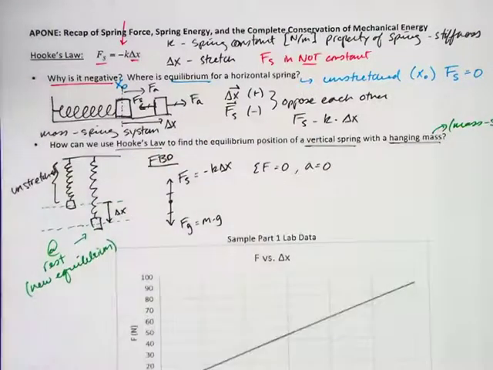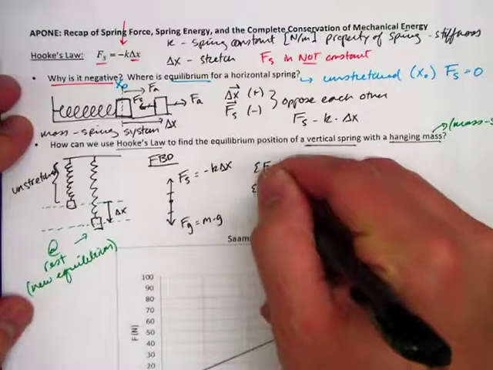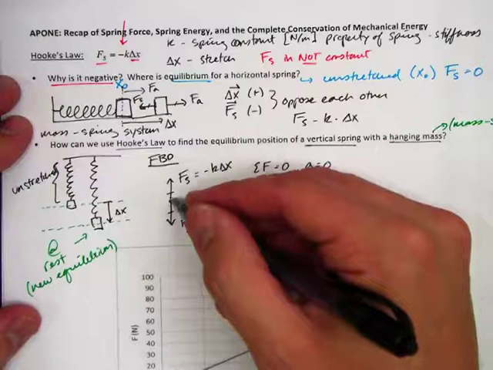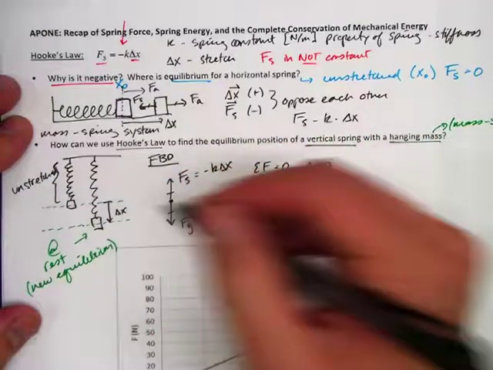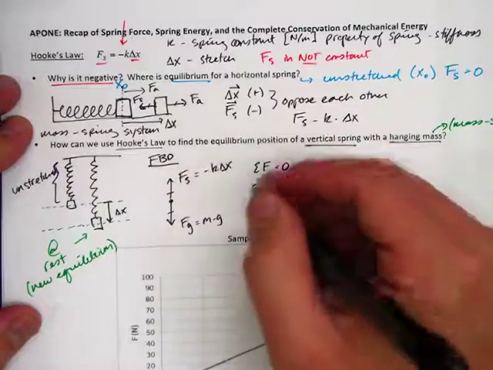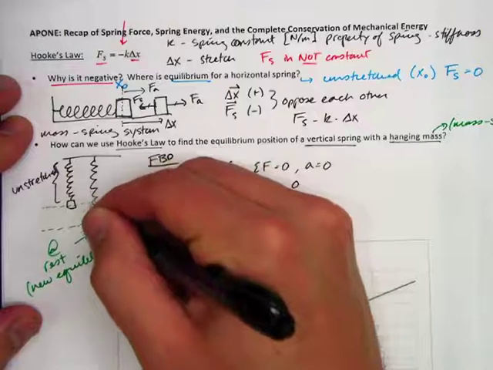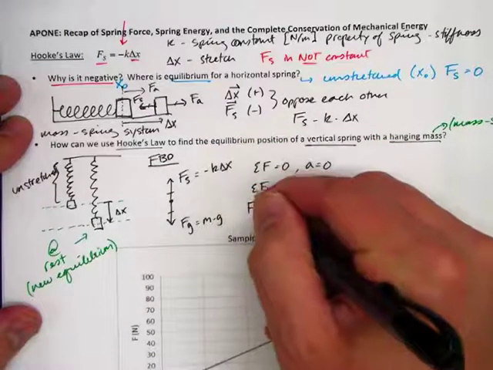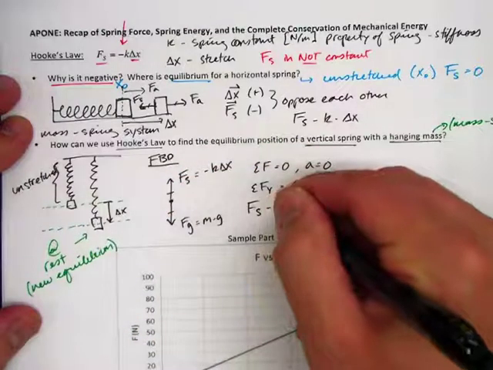So relative to this system, when we look at the sum of the forces in the y equals 0, I have an upward force of Fs. So Fs is negative relative to the displacement, but in terms of my free body diagram, I'm looking at the magnitude. It's in the positive direction. So my displacement here is negative, my Fs is positive, so it's opposite the direction of displacement. And then relative to this reference frame, gravity is downward.